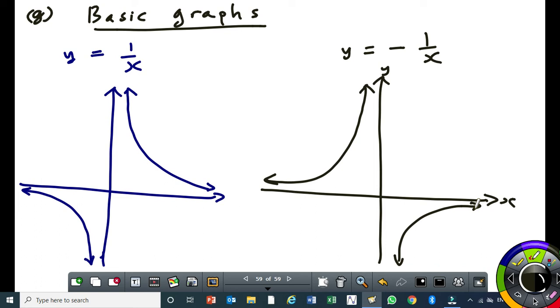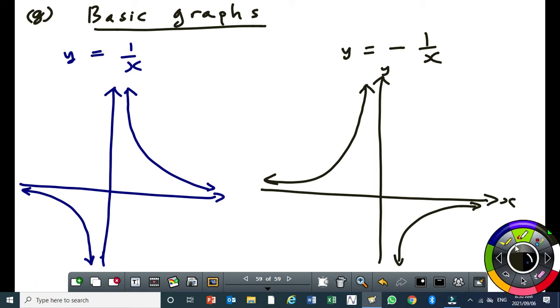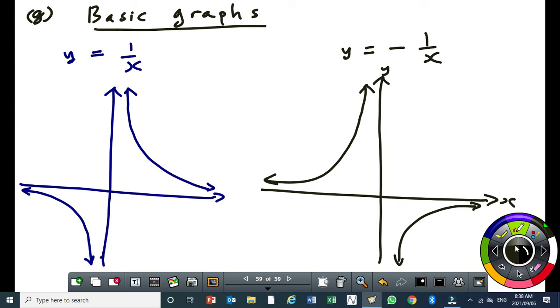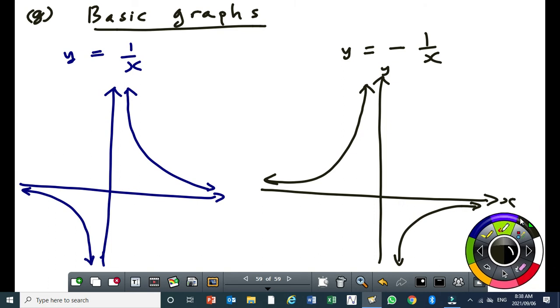Okay, in grade 10, we won't move them in a horizontal direction. If I were to add the lines of symmetry here, the equations will be y equal to x, and the other one will be y equal to negative x. Right. Can I carry on?